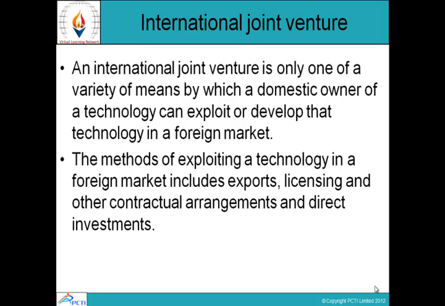So the domestic owner of a technology can exploit it or further add on to the technology in the foreign market. The method of exploiting a technology in the foreign market could be export, licensing, or any kind of contractual arrangement and direct investment.